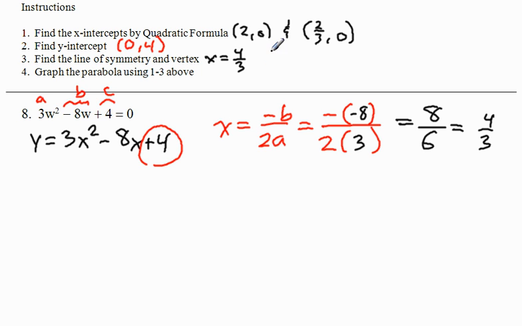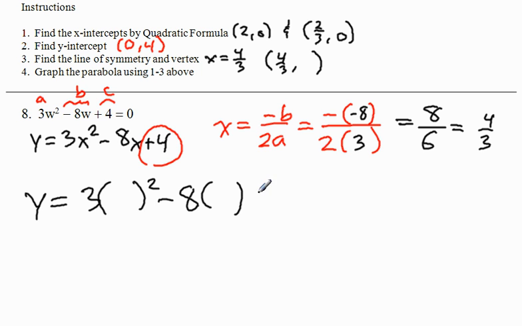And then for the vertex, it's going to be at 4/3, comma something. To find the y-coordinate, we'll plug in 4/3. 4/3 is also 1 1/3; we'll do that later on when we plot. But for now, let's plug in 4/3 for x. We've got y equals 3 times, instead of the x value, we'll leave space to plug in 4/3, minus 8 times the x value, and then plus 4.